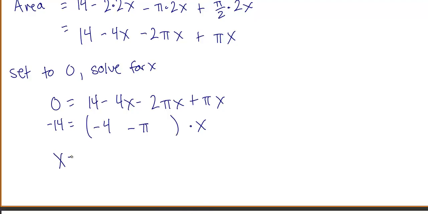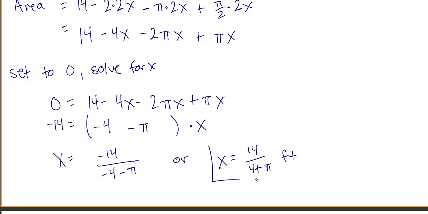And divide, so x equals negative 14 over negative 4 minus pi. Or let's simplify that to divide top and bottom by negative, so positive 14 over 4 plus pi. And if you look back at the book, the units were feet. So my final answer is that x should be 14 over 4 plus pi feet to maximize the area of the window.